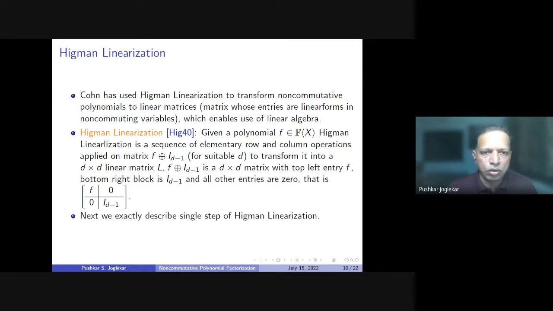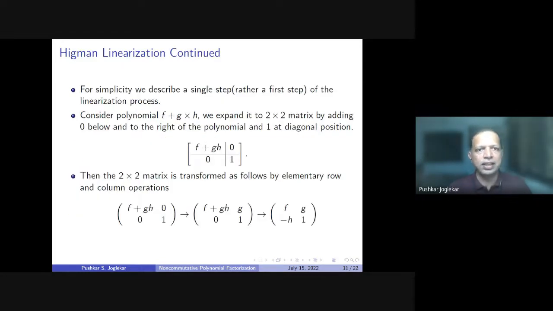To see it more explicitly, let's consider a single step, rather the first step, of the Higman linearization process. Suppose we have a polynomial f plus g times h. We expand it into a 2 cross 2 matrix by adding 0 below the polynomial, 0 towards the right, and 1 at the diagonal position as shown on the slide.